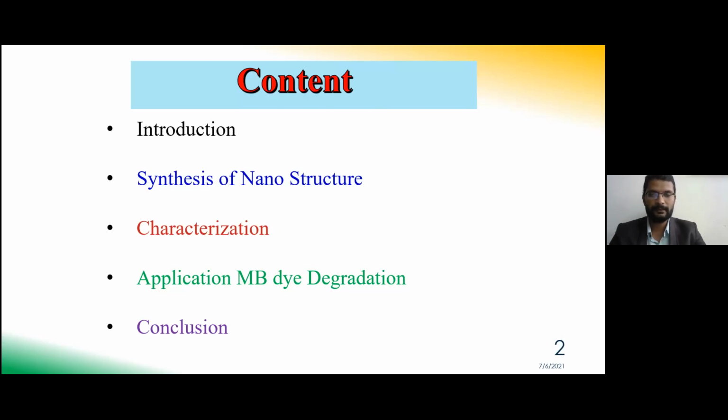For characterization, we go for UV-visible, IR, XRD analysis, FESEM and TEM analysis. After synthesis, we use the material for methylene blue dye degradation.